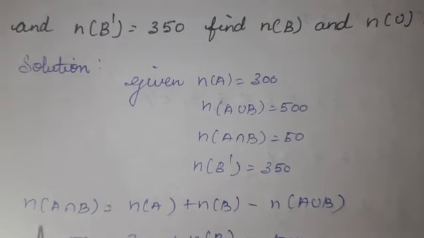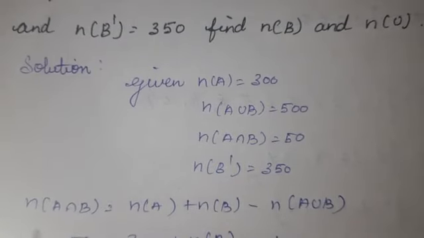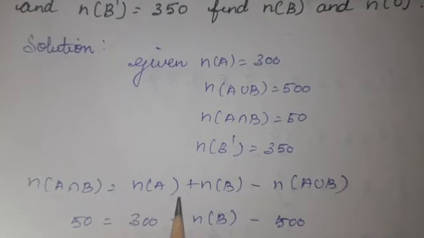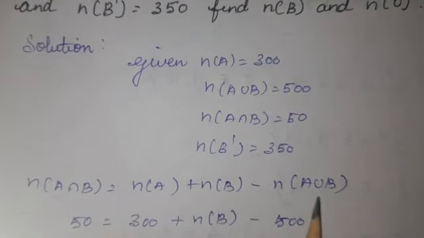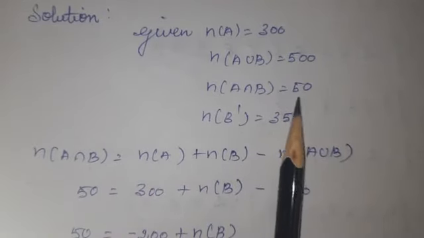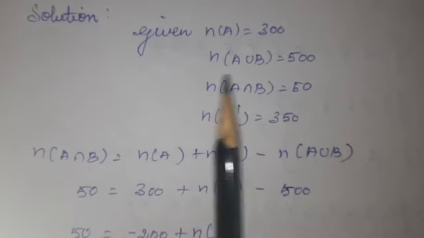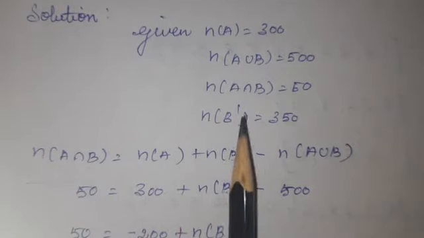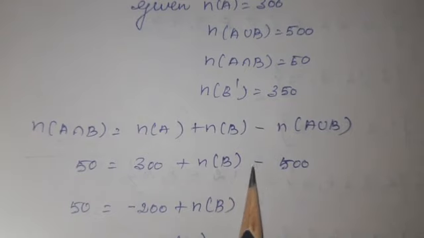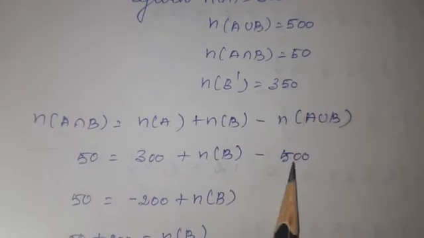You know the formula: n(A ∩ B) = n(A) + n(B) − n(A ∪ B). The value of A ∩ B given in the question is 50, equal to n(A), whose value is 300, plus n(B), we don't know, that is our question, minus n(A ∪ B), which is 500.